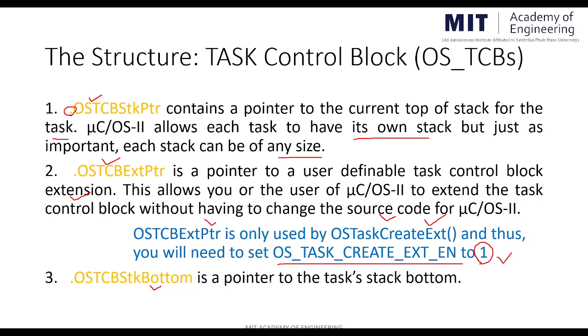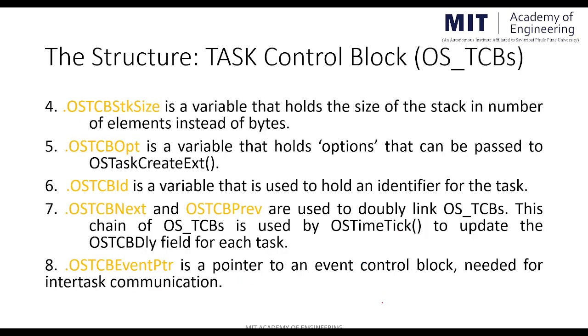Then the third variable is OSTCBStkBottom. This memory location holds the pointer to the task stack bottom, that is, from what address the stack starts. This information is stored in OSTCBStkBottom.